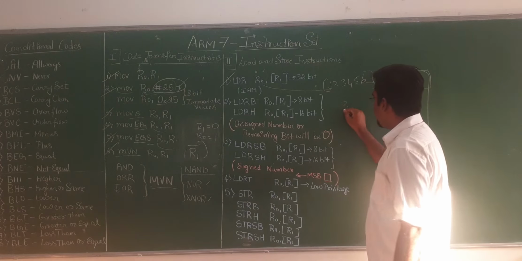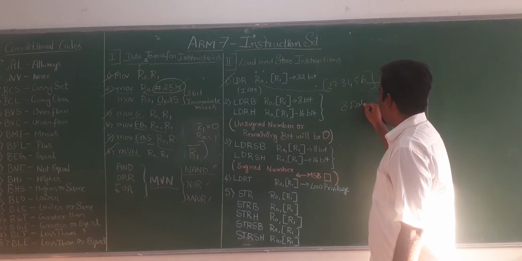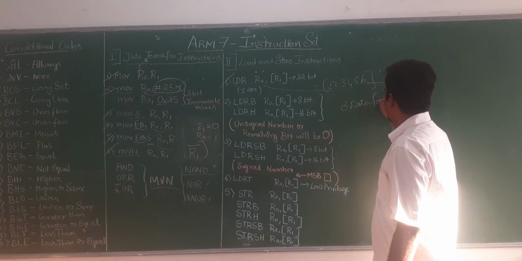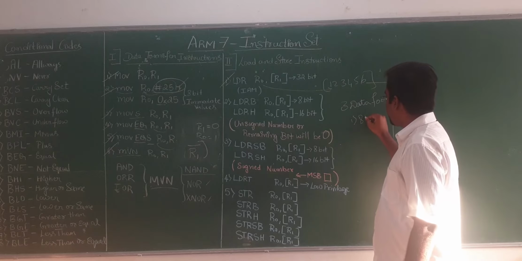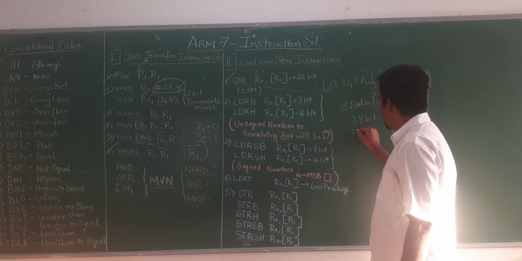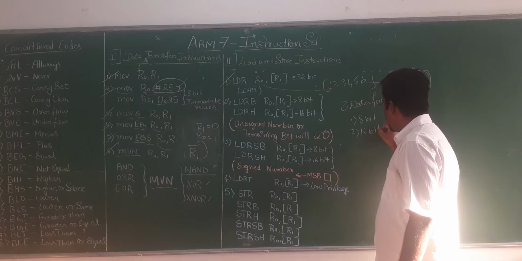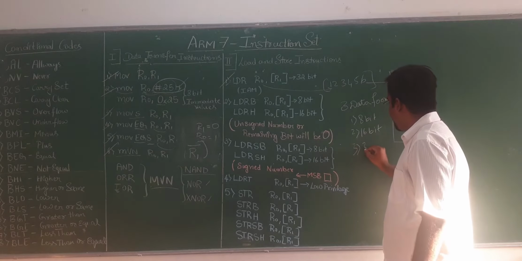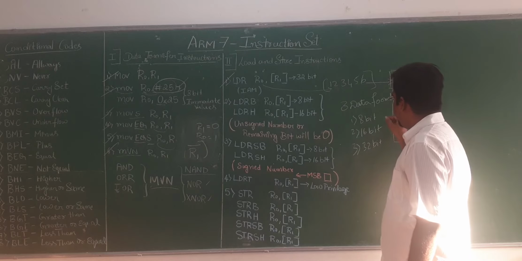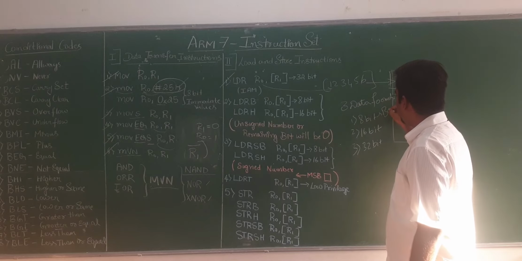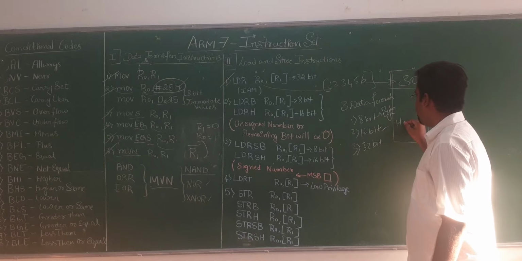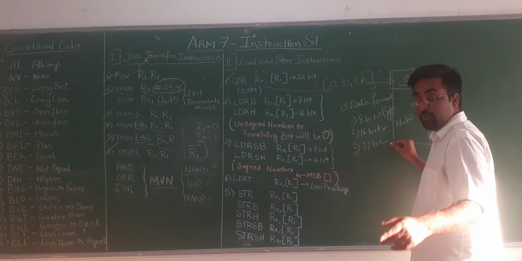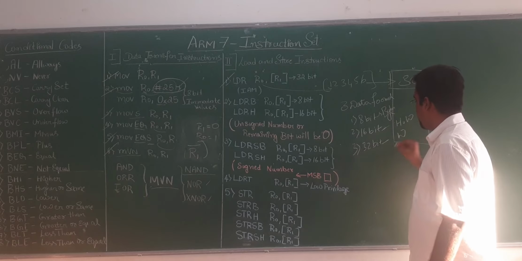We have three data formats: 8-bit, 16-bit, and 32-bit. 8-bit is called a byte, 16-bit I'll call a half word, and 32-bit I'll call a word.